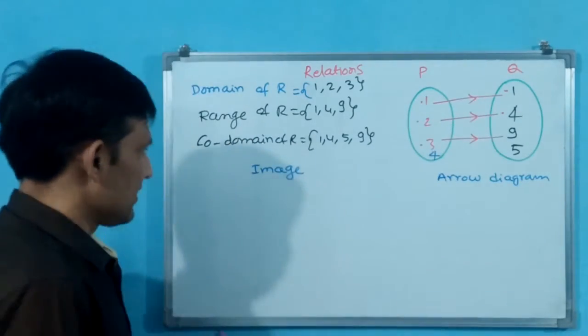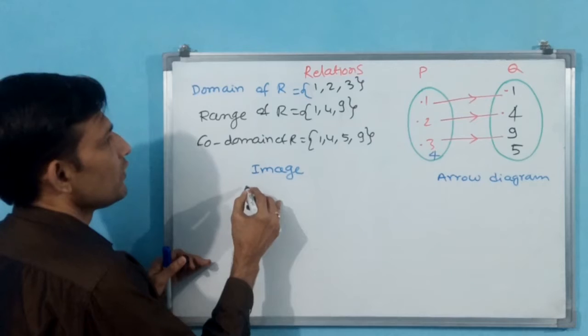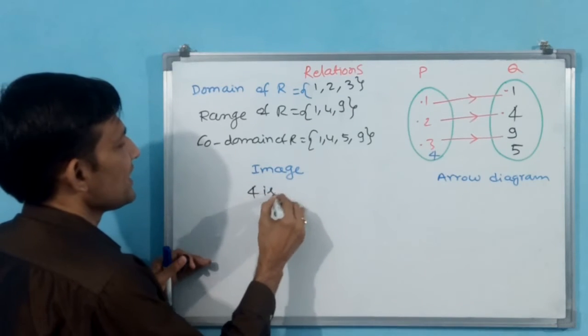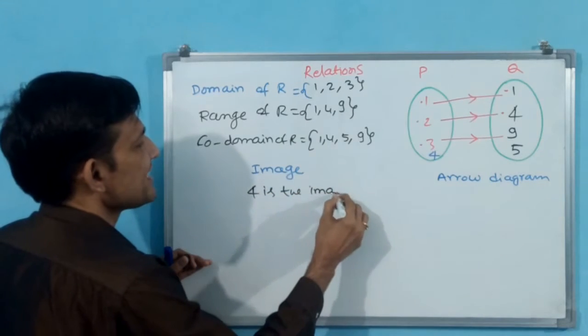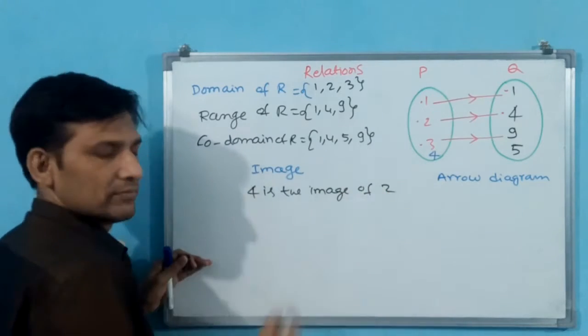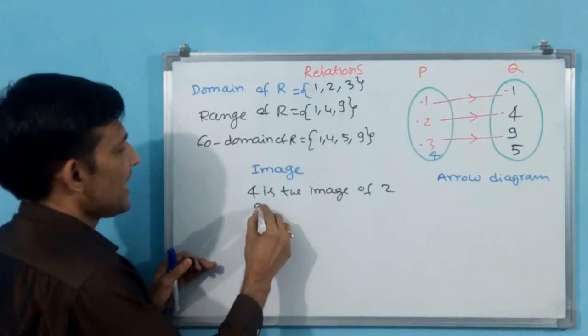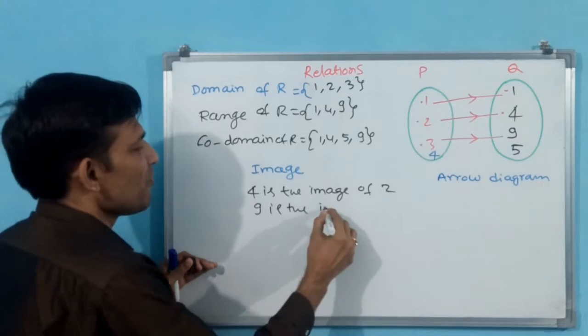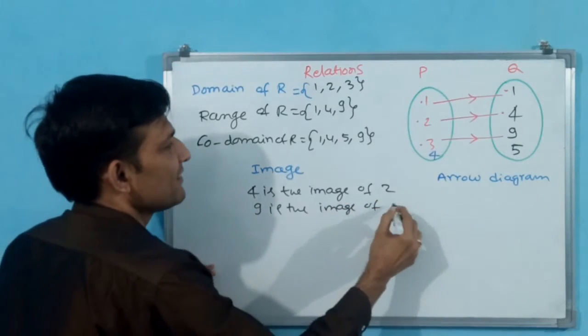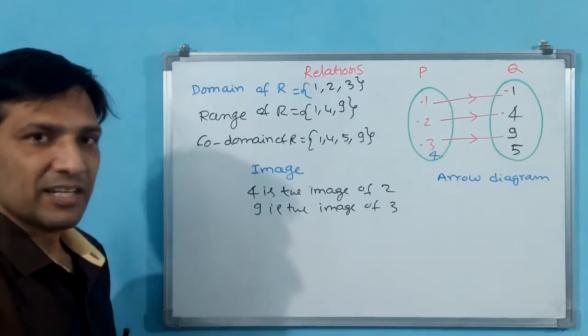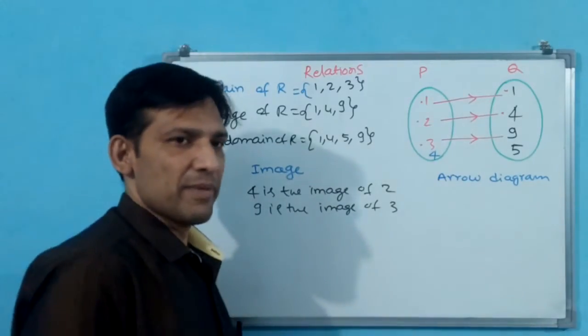Now I write here, 4 is the image of 2. 9 is the image of 3. Image means like a mirror image.